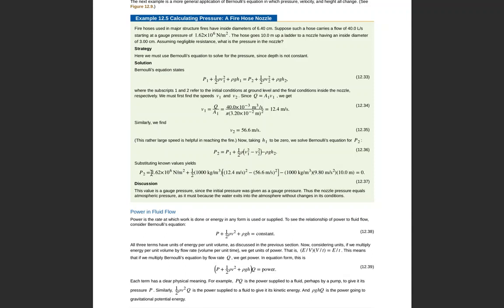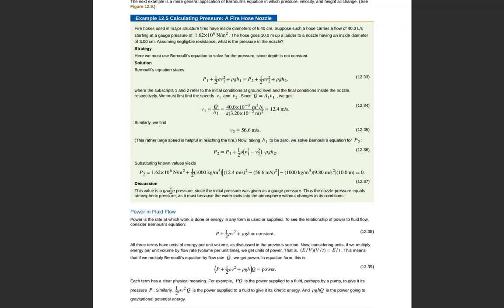You have P1, which is 1.6 times 10 to the 6, plus 1/2 times 1,000, the density, times v1, 12.4 squared, minus 56.6 squared, minus the density again times 9.8, which is gravity, times your h, which is 10 meters. And all this equals 0.